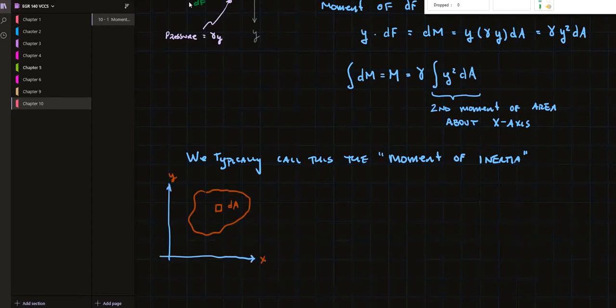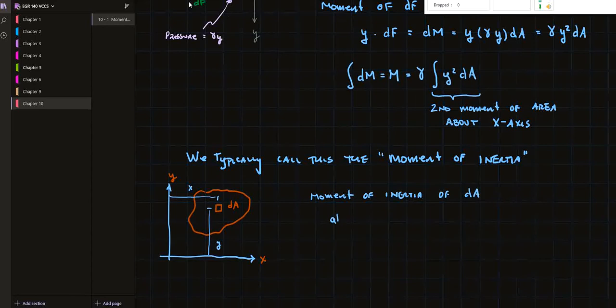So in other words, if I were to draw just a general shape and select an elemental area out of this, it would have some distance y to the x-axis here, and likewise some distance x here. I can figure out then the moment of inertia of dA.